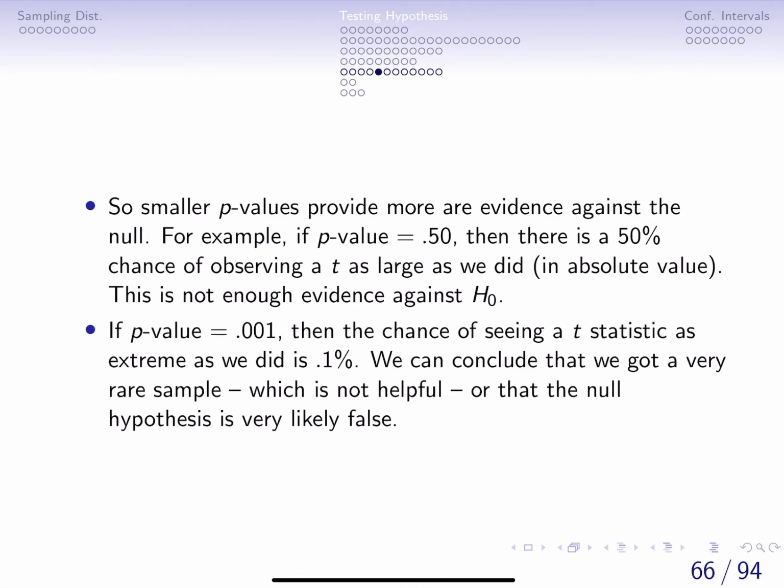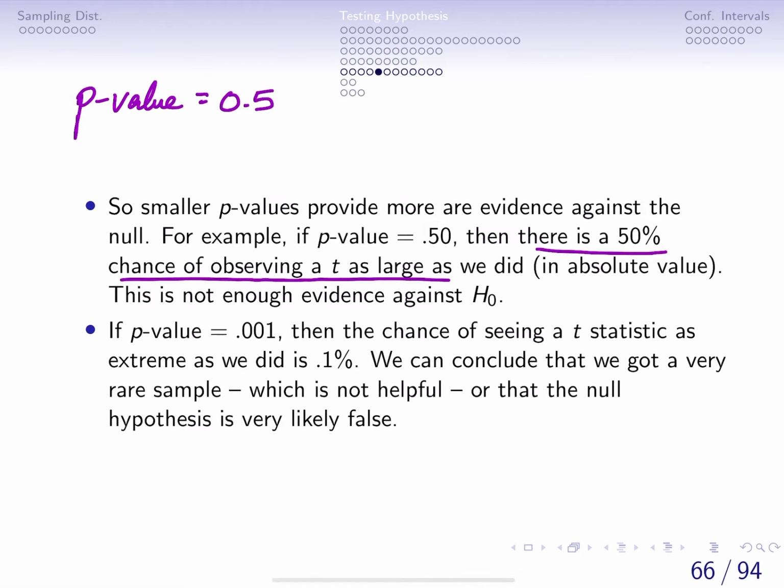So if the p-value is equal to 0.5, then we are saying that there is a 50% chance of observing a t-statistic as large as we did, in absolute value terms, okay?